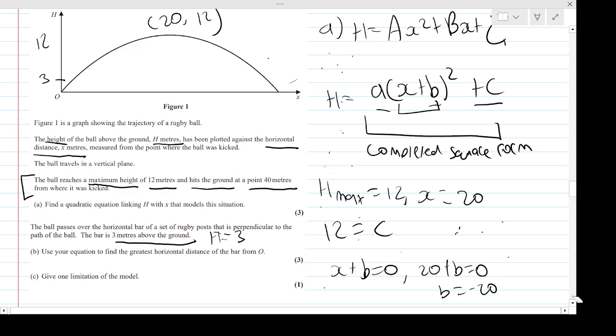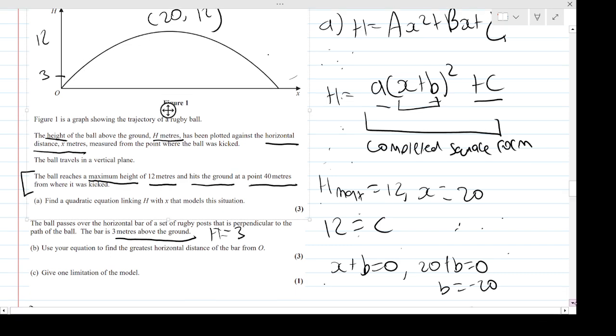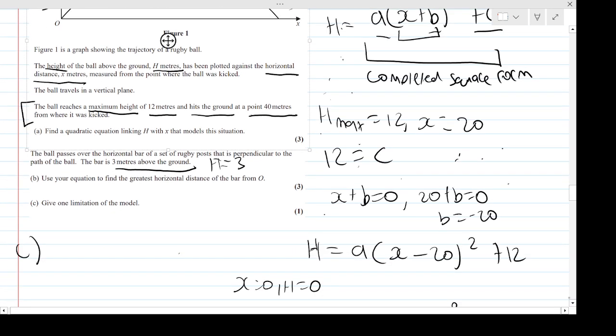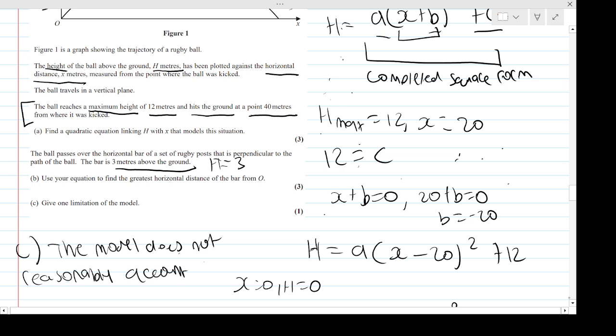And yeah, that's really it. So we can say the limitation: the model does not reasonably account for air resistance, and we know that's true because of the fact it's assuming to be perfectly symmetrical, which wouldn't happen because in reality, the ball's motion is not going to be completely perfect, right?